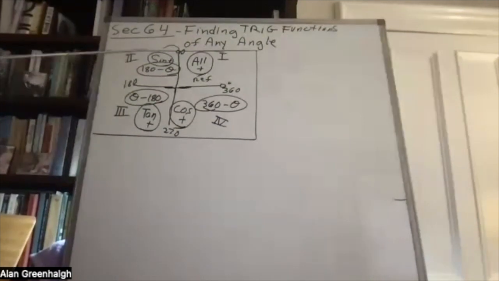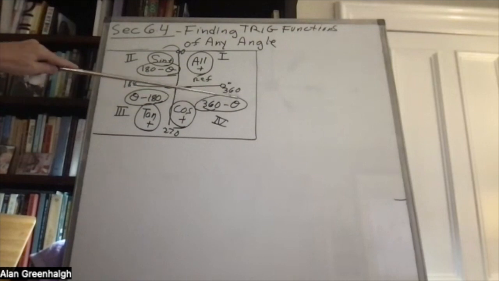In the second quadrant, whatever angle you get, it's going to be 180 minus the angle, and only the sine is positive. In the third quadrant, it's the angle minus 180, and only the tangent is positive. In the fourth quadrant, it's 360 minus the angle, and only the cosine is positive.